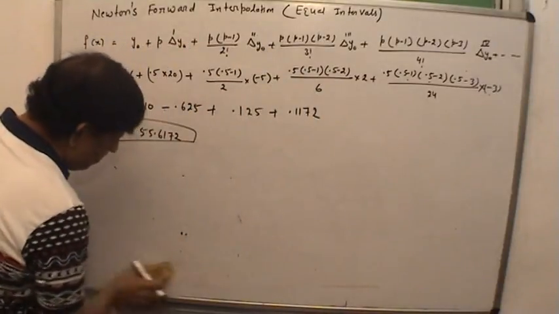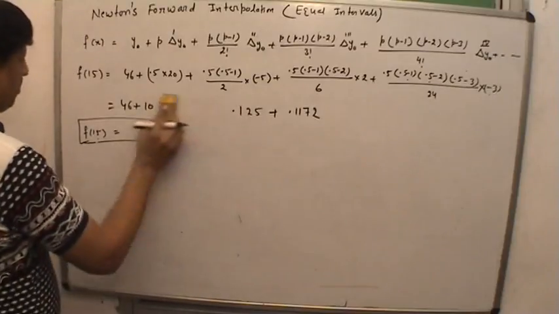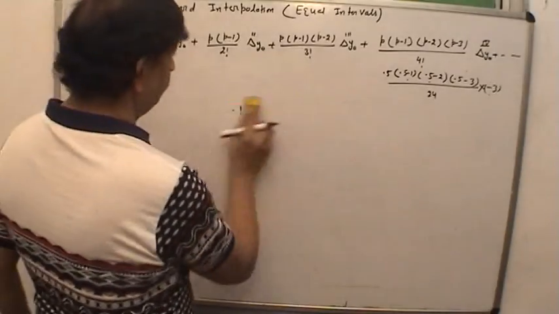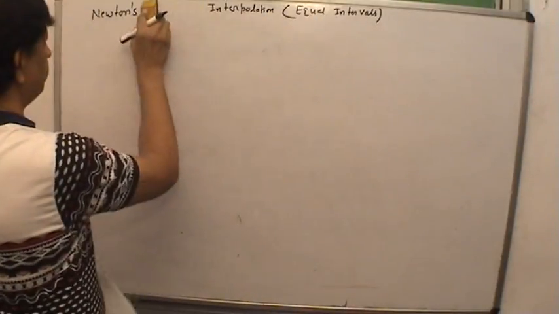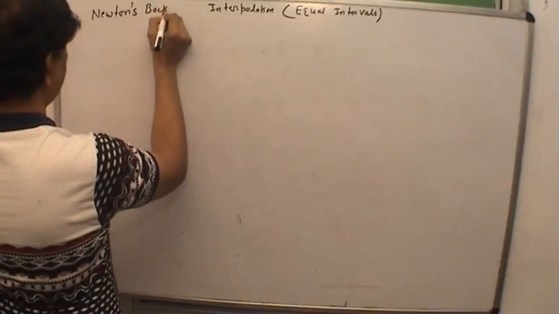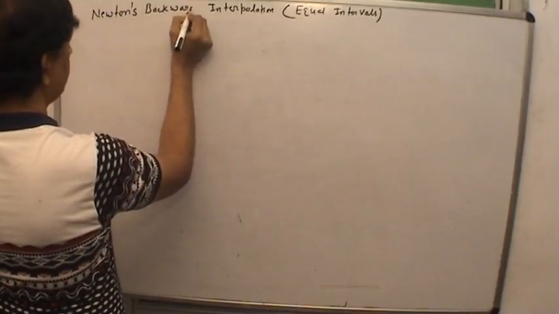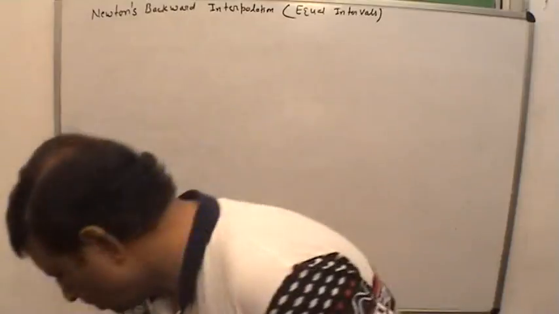Second is Newton's backward difference interpolation. It is also for equal intervals.